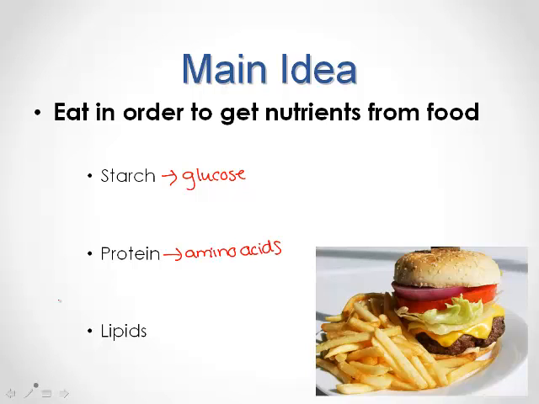And then we have the lipids, like the oil that's used to deep fry our fries. And these are going to be broken down into 3 fatty acids and a glycerol. And we begin our journey in the mouth on the next slide.